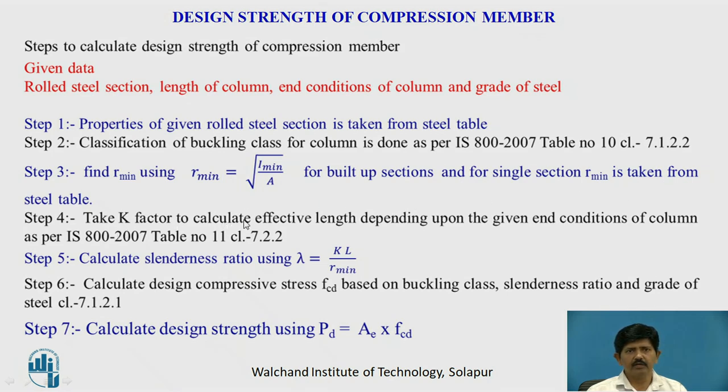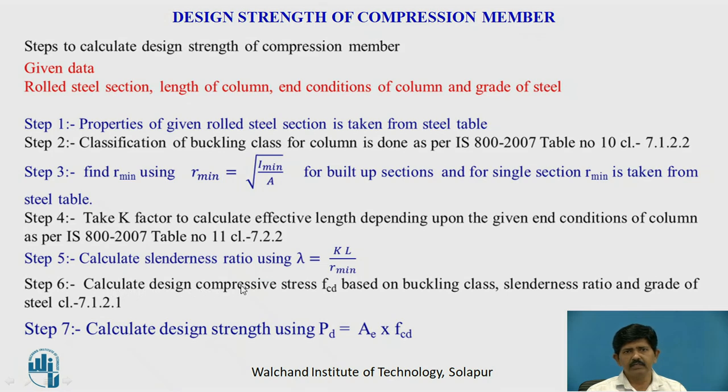The K factor to calculate the effective length, depending upon the given end condition of the column, is taken as per table number 11 of IS 800 2007, clause number 7.2.2. Then slenderness ratio is calculated using the formula lambda is equal to KL upon r minimum.